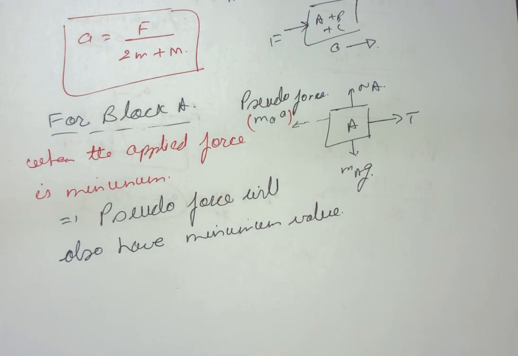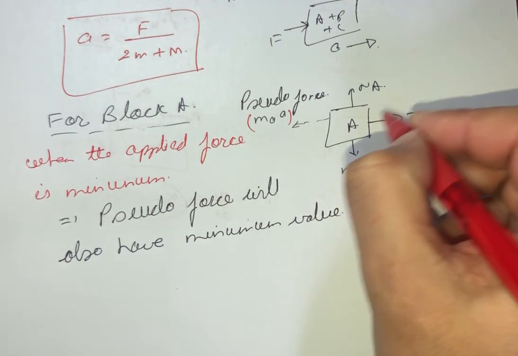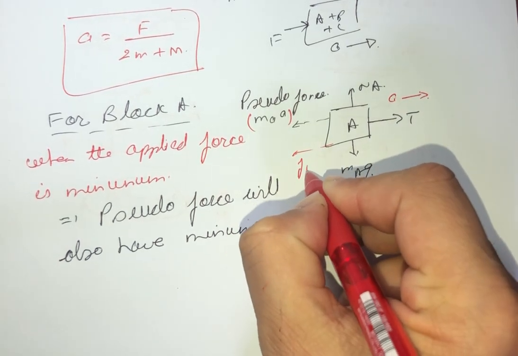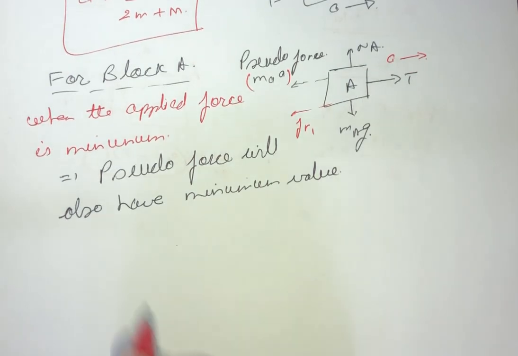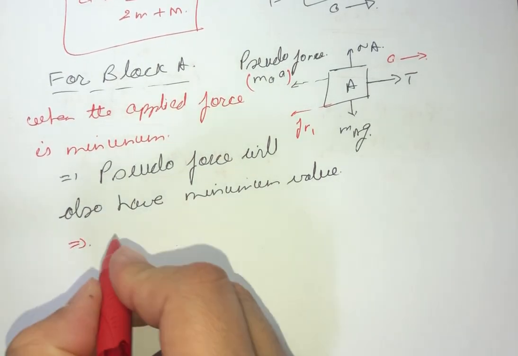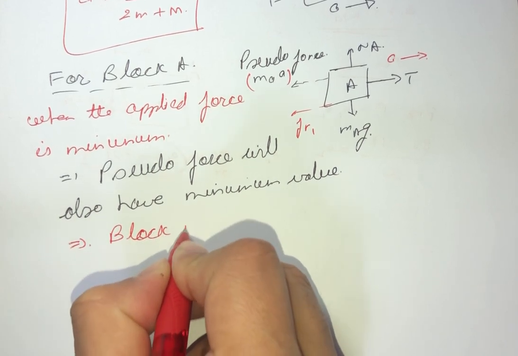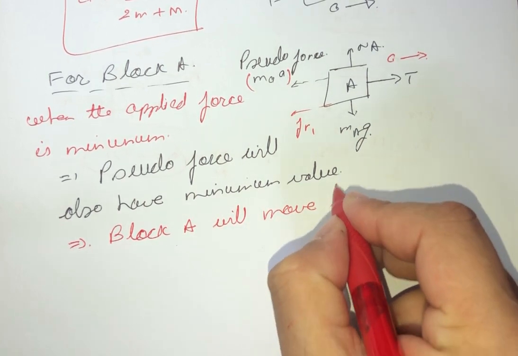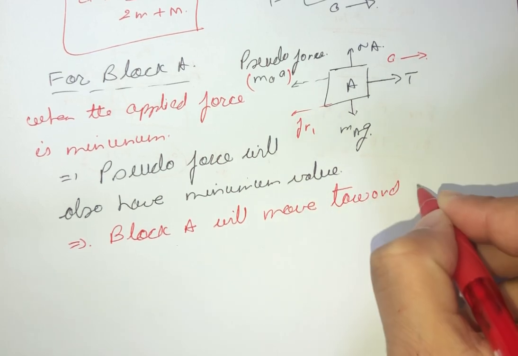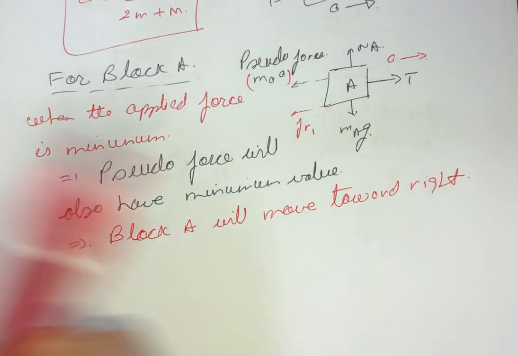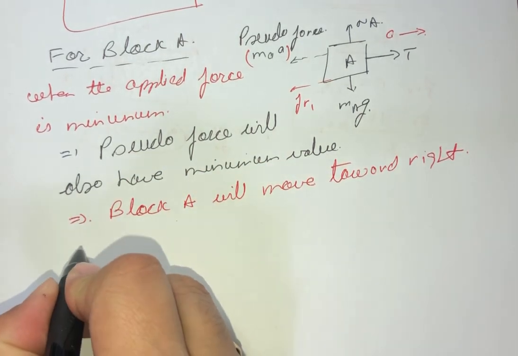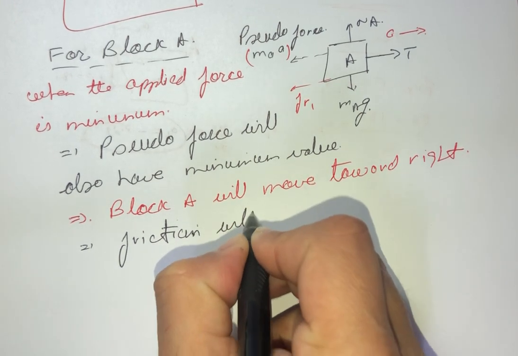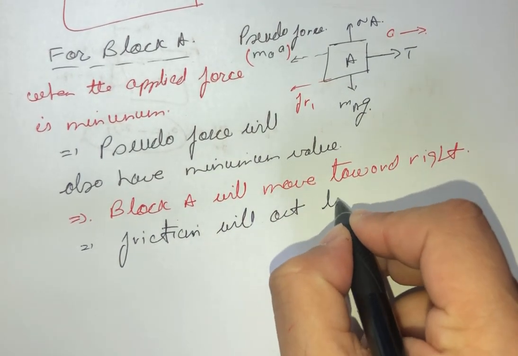Okay. So because of this, block A will be moving in this direction and the friction will be acting in this direction, that is Fr1. Therefore block A will move toward right, and friction will act towards left.